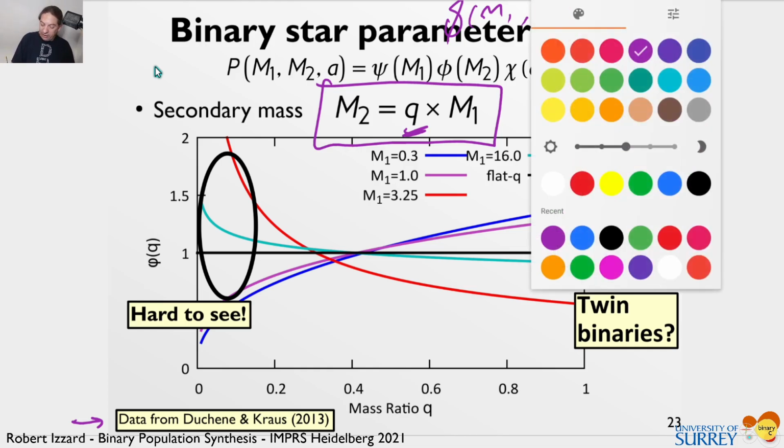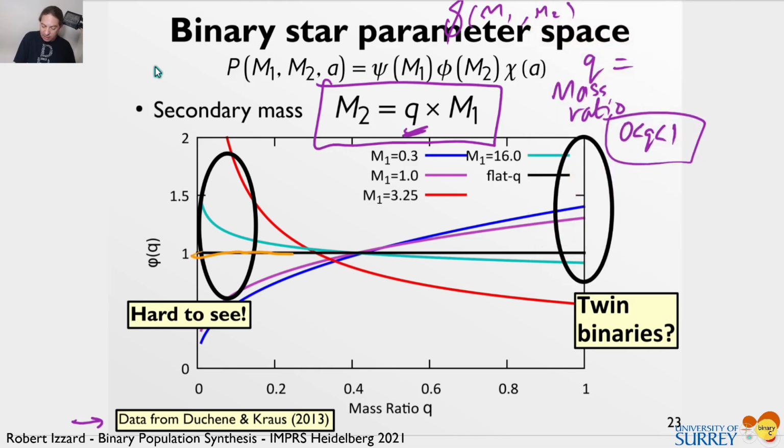Typically what you will see in papers, we use a color that's not on here, is this line here, which is straight across, which is a flat Q distribution we call it essentially. So you get 1 between 0 and 1 because you have to normalize it. And what that means is that any secondary mass up to the primary mass is equally likely.